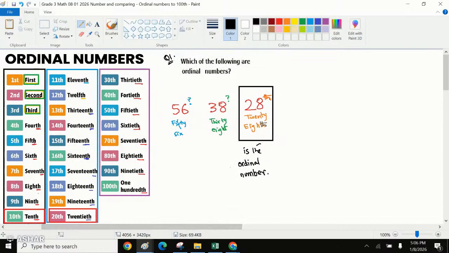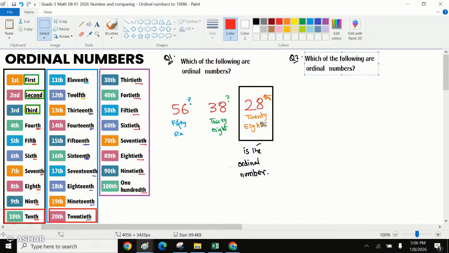Moving ahead to the next question, question number 2. Let's see what they're asking us. Which of the following numbers are ordinal numbers? I'll just copy paste. If you're logged in, you will have the same questions on your screen, right?